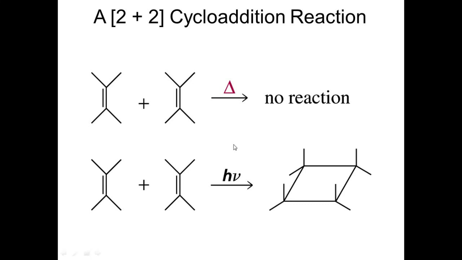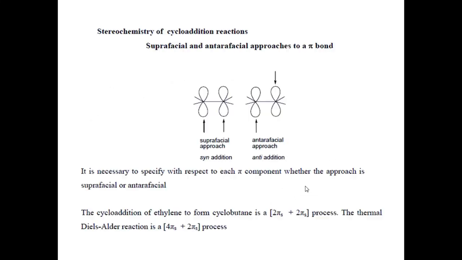So this is for the 2 plus 2 cycloaddition reactions. Here the structure is formed; under 2 plus 2 thermal conditions, there is no reaction. Otherwise, the photochemical reaction will form like this. Okay, then the stereochemistry of the cycloaddition reaction: suprafacial and antarafacial approaches to the pi bonds.